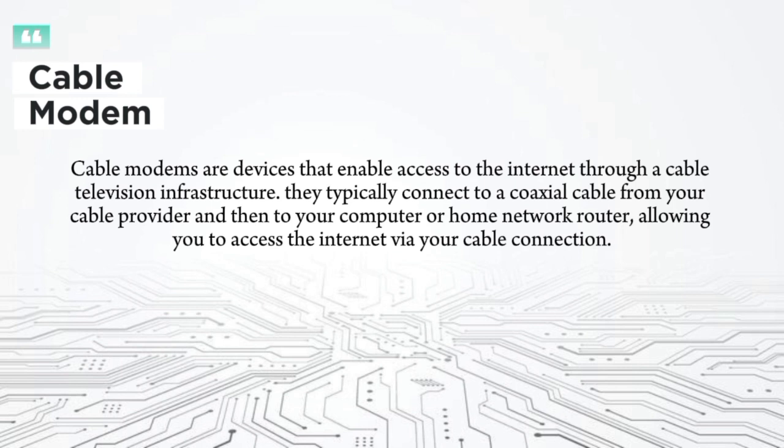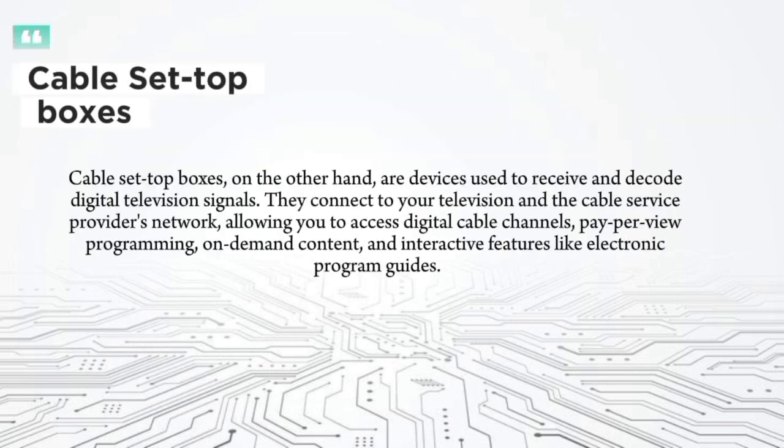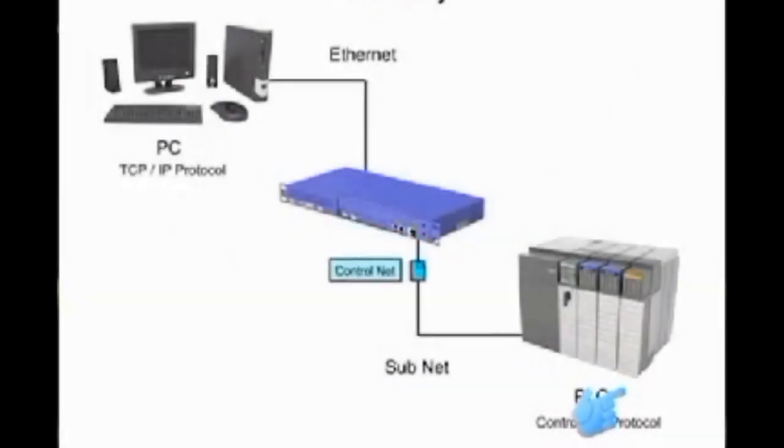Cable modems enable high-speed data transmission over cable television infrastructure, allowing users to access the internet, stream videos, and make VoIP calls. Another example is cable set-top boxes, which not only receive and decode digital television signals but also provide interactive services such as video on demand, electronic program guides, and pay-per-view options. These devices function as media gateways by transforming incoming signals into formats that can be displayed on the user's television screen.